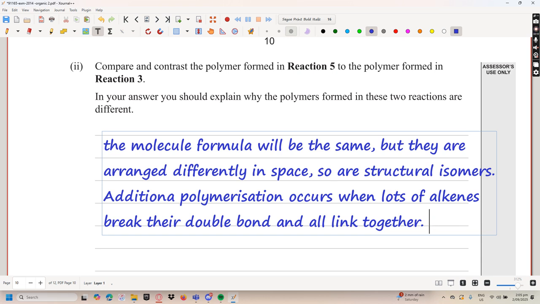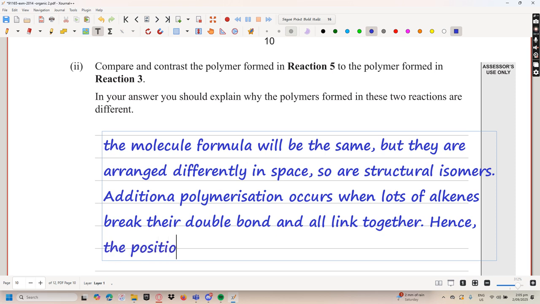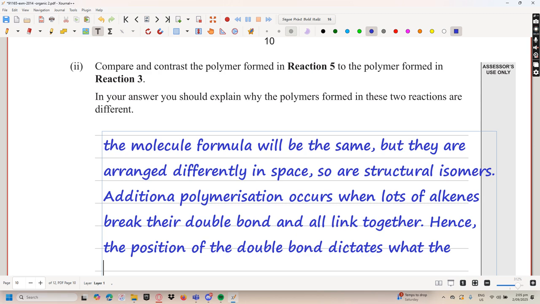Hence, the position of the double bond pretty much dictates what the polymer looks like.